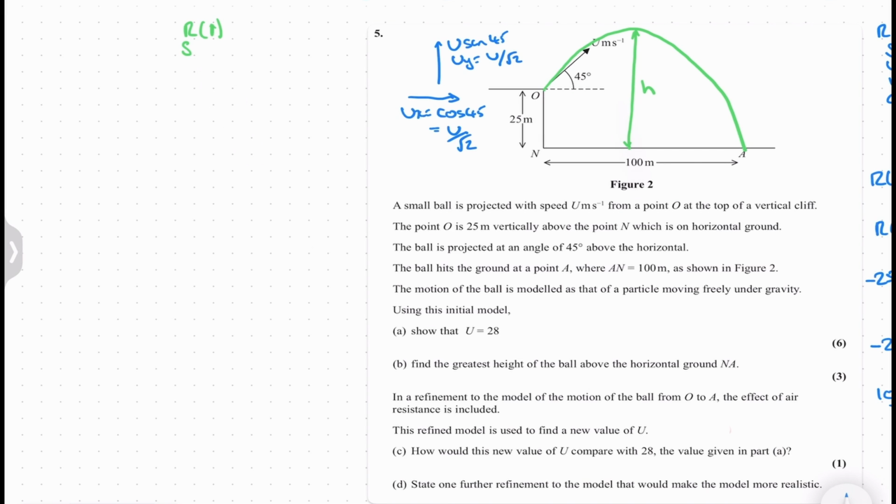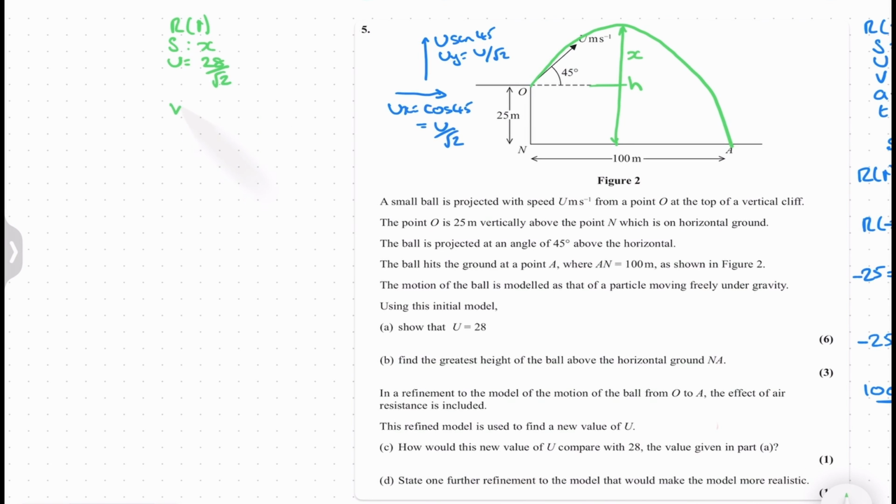So resolving vertically, displacement is now, I'll label this height here as x. The initial velocity is u over root 2, and we know that u is 28. And the vertical velocity, well, at this point of maximum height, v will equal 0. The acceleration is again against gravity, and the time is now not relevant.